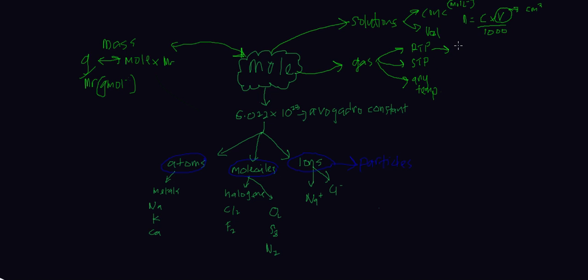Generally at RTP we deem that 1 mole of any gas is equivalent to 24 dm cube of gas. On the other hand, STP is the same thing, but 1 mole is equivalent to slightly different, 22.4 dm cube of gas.